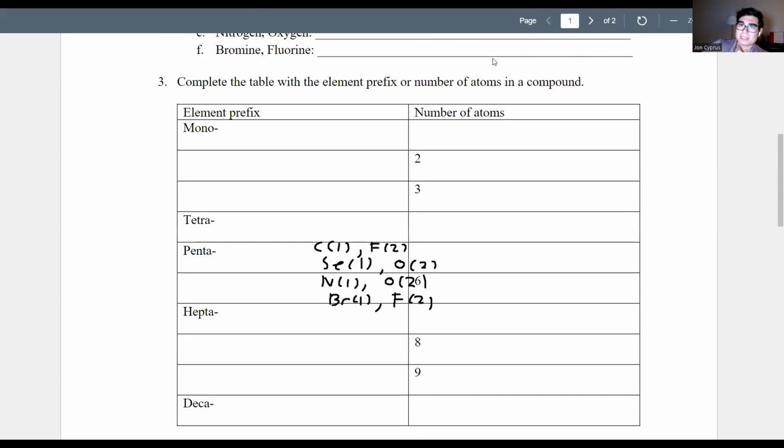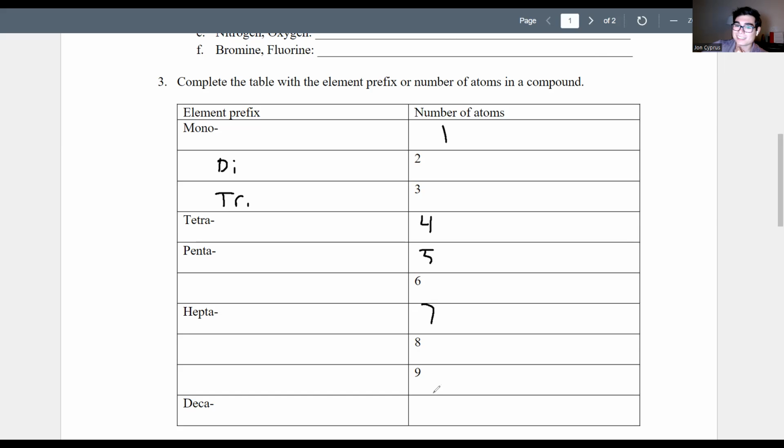Three is asking us to complete the table of prefixes. So mono means 1. Di means 2. Carbon dioxide, 2 oxygens. Tri is 3. Tetra is 4. We can kind of fill this in like that. Penta is 5, means there's 5 of something.